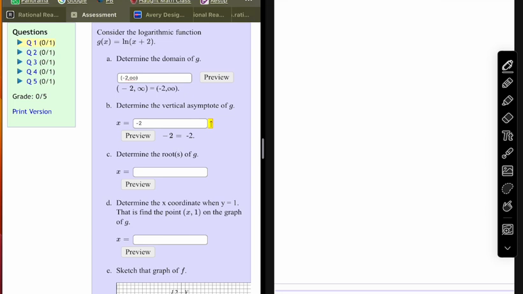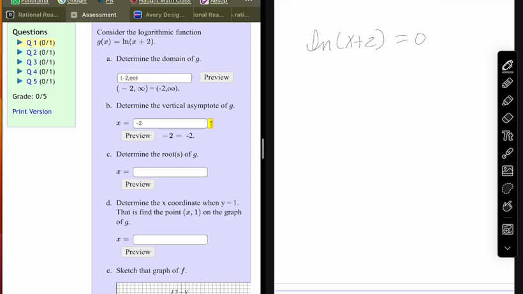Okay. So now it says determine the roots. The roots of the function is where the function itself is equal to 0.